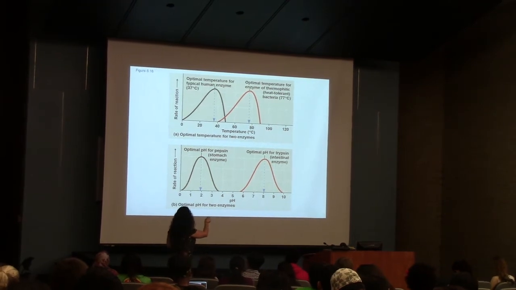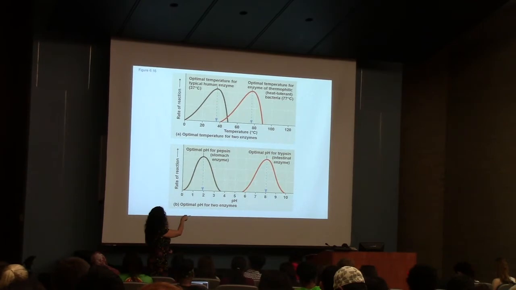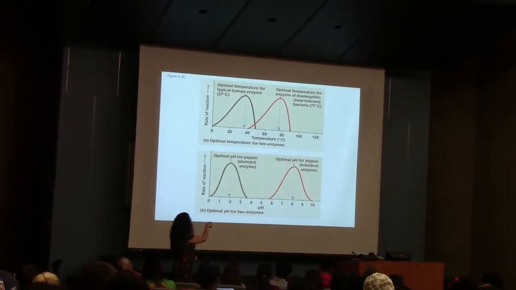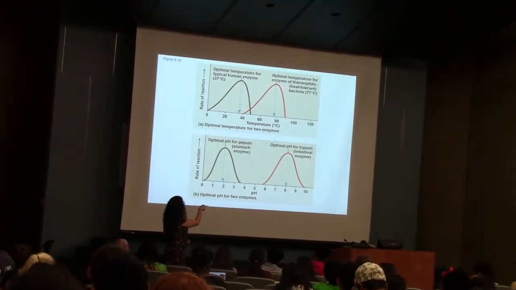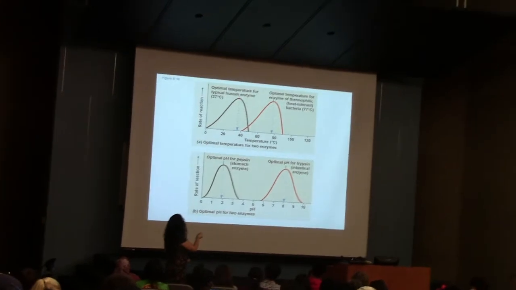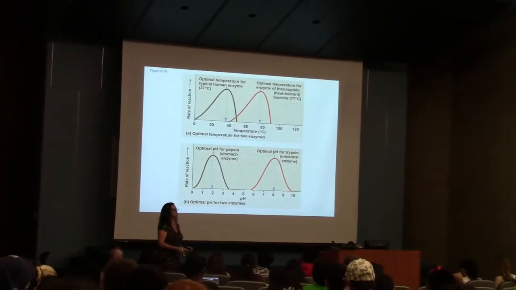So we have that an optimal temperature for a typical human enzyme is 37, right? And if you go a little bit below 37 or a little bit above 37, it still works, okay? It works slightly less efficiently than it would work at 37, but it still works.